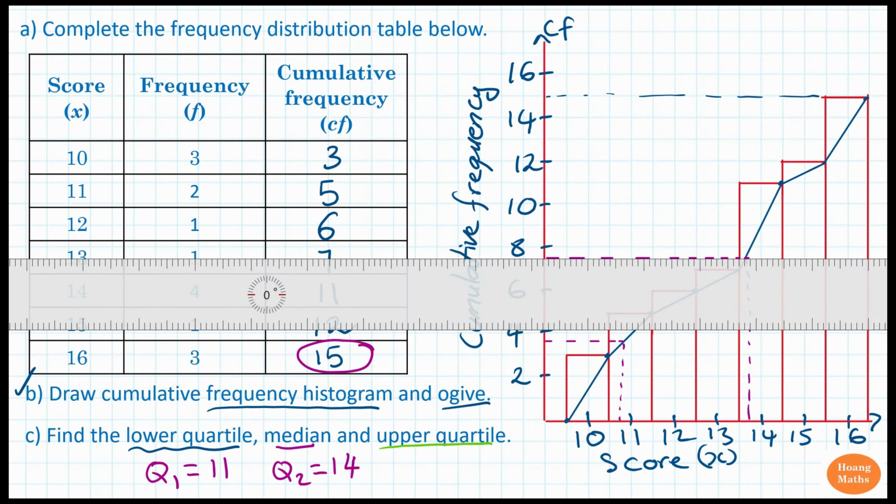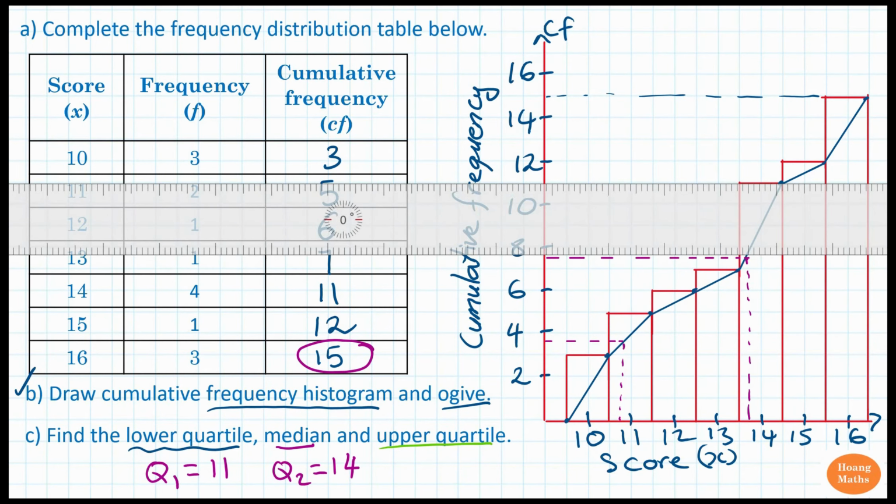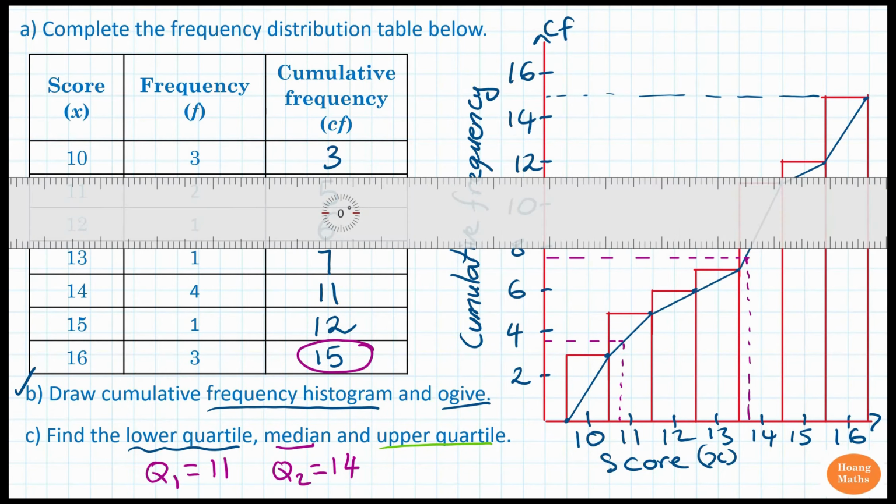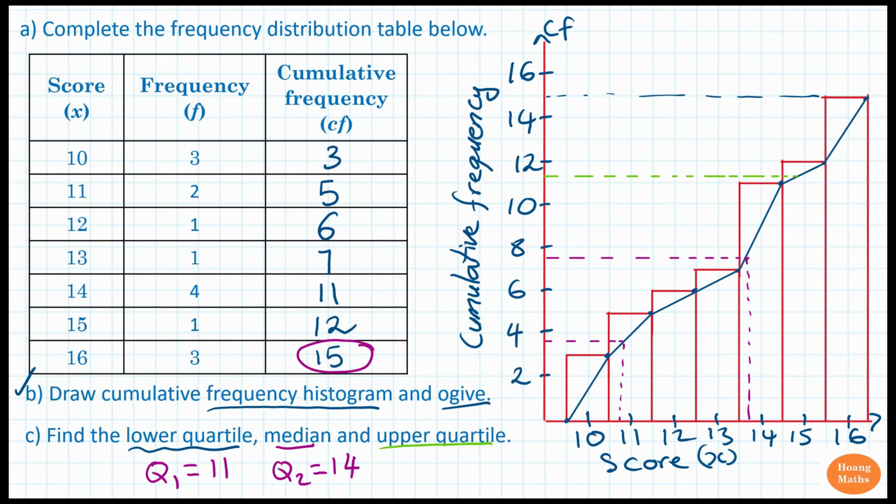So we just go all the way to 11 first and we just add a quarter of it, just a bit up, roughly. And we just draw the line and then we hit the ogive. Now you just note that it is on the 15. So therefore, the upper quartile, which is Q3, is equal to 15.